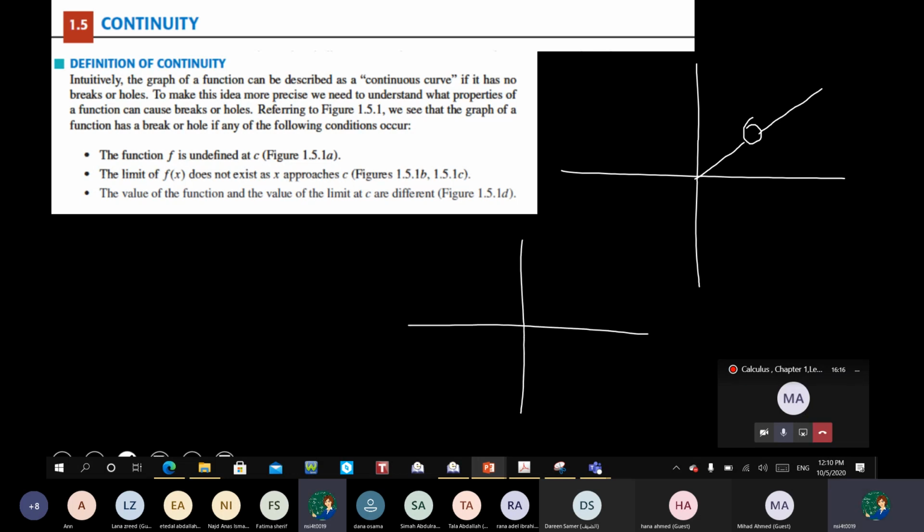We can say in the limit, if you have this function as an example here, look at this function here, or this one here.